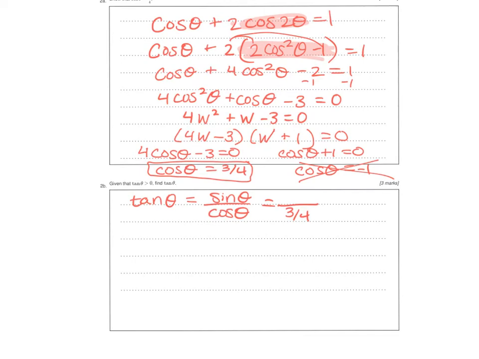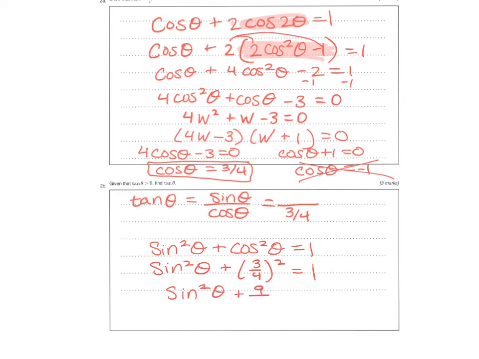We have to look at our trig identities, and there's a trig identity called the Pythagorean identity that says that sine squared of theta plus cosine squared of theta equals 1. So that means that 3/4 squared plus sine squared should give us 1, and that's what allows us to solve for sine of theta.